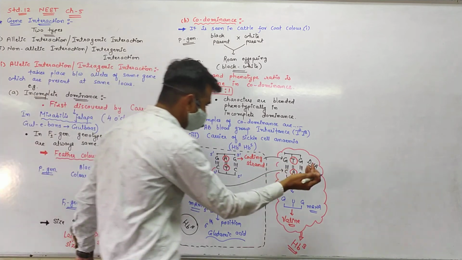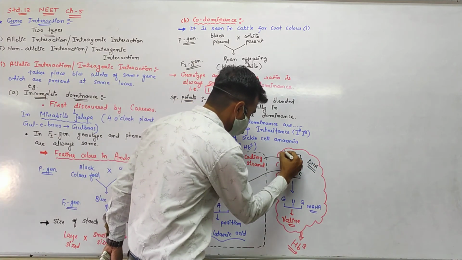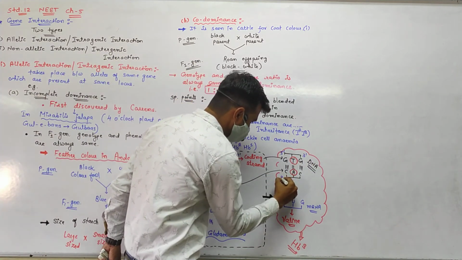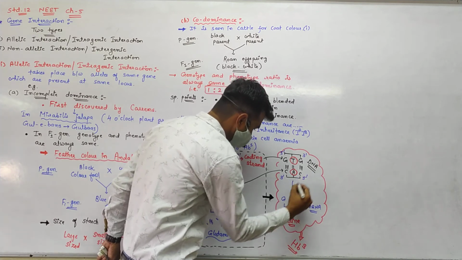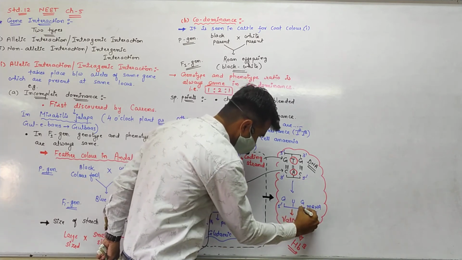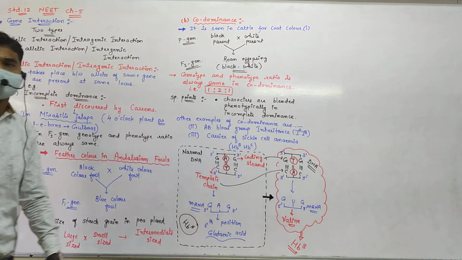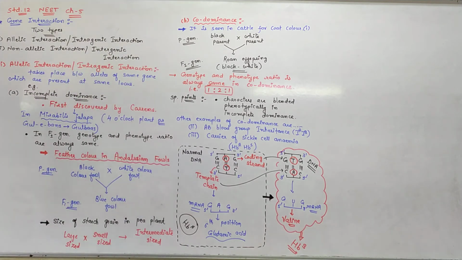And this will be altered. So the direction is the same: 5' to 3', 3' to 5', and 5' to 3'. So this is about sickle cell anemia.